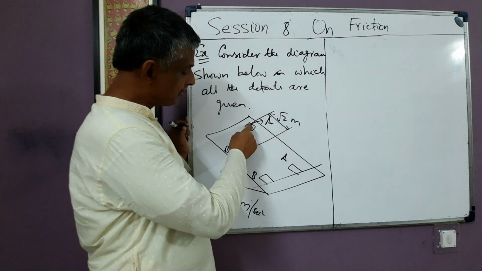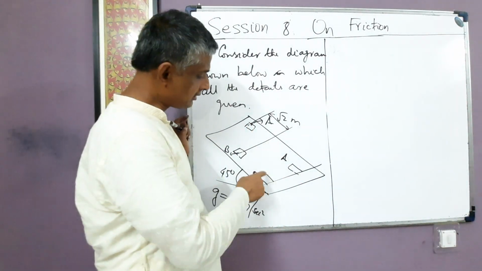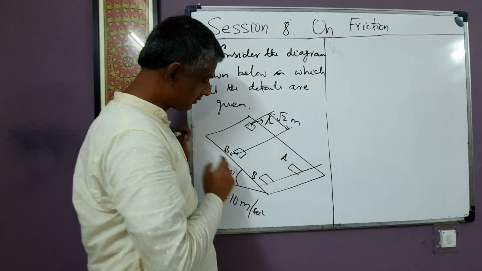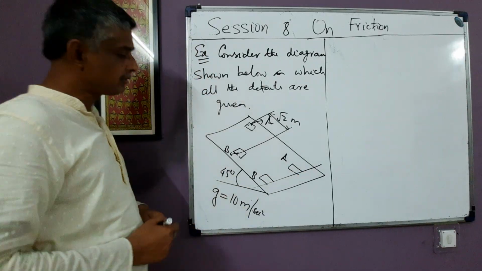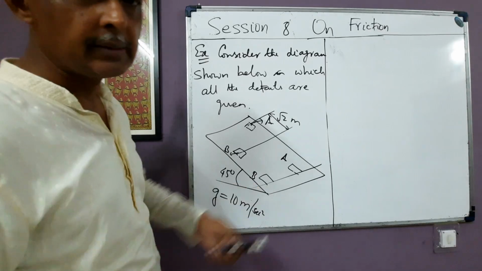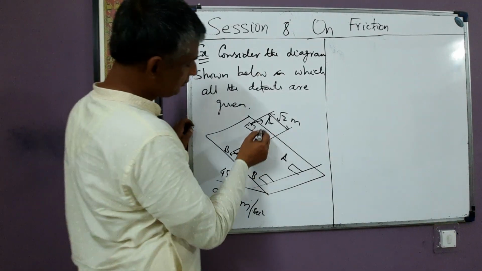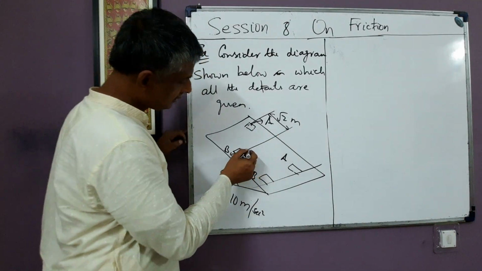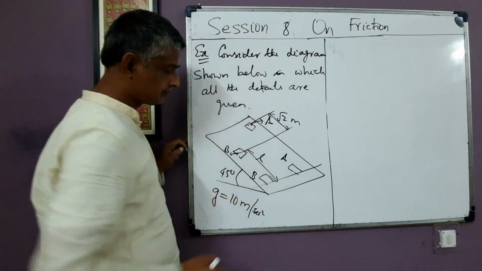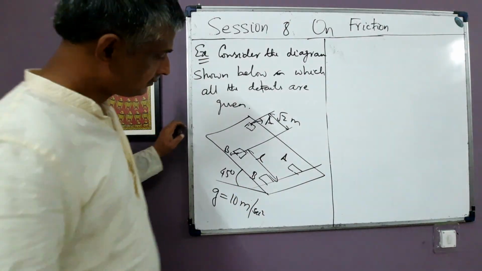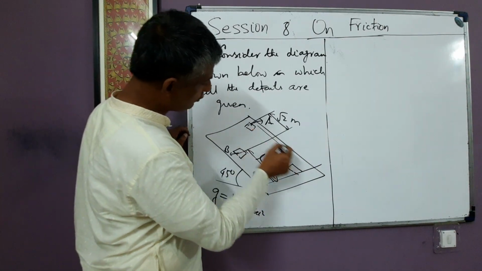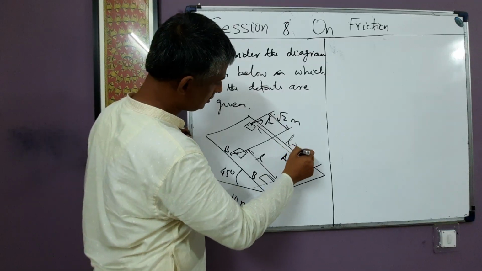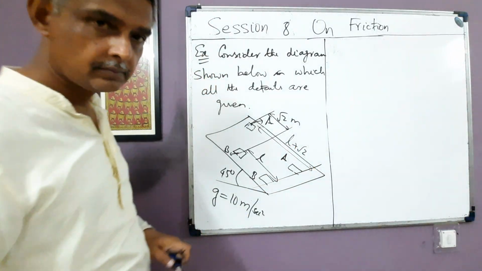They begin to move simultaneously from rest and come on the same line somewhere here. We are asked to find what distance they will move till they come to the same line. Suppose B moves a distance L before they come on the same line. Then A in the same time moves a distance of L plus root 2 meter.